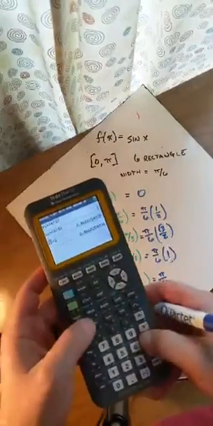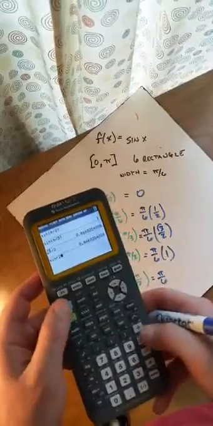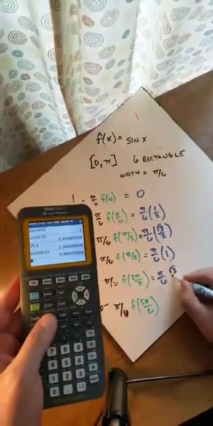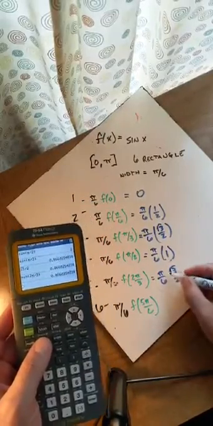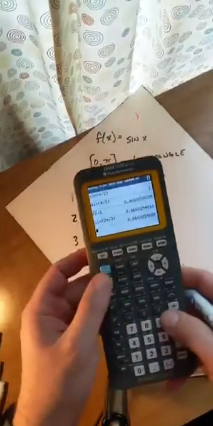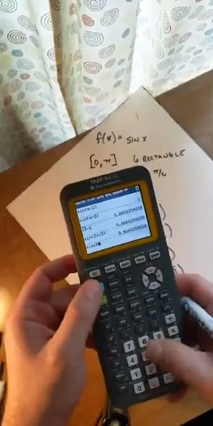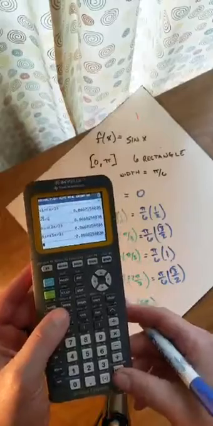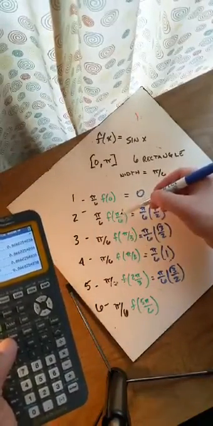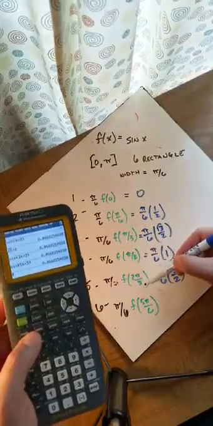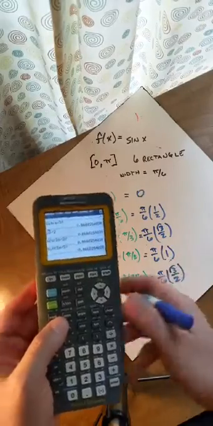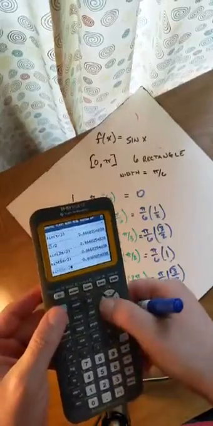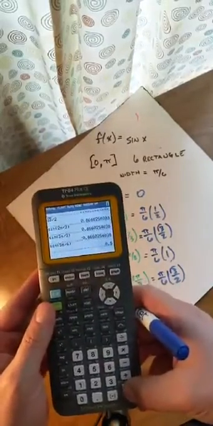Alright, sine of 2 pi over 3. I think that's also radical 3 over 2. And then 5 pi over 6, is that 1/2? Yeah, 1/2.